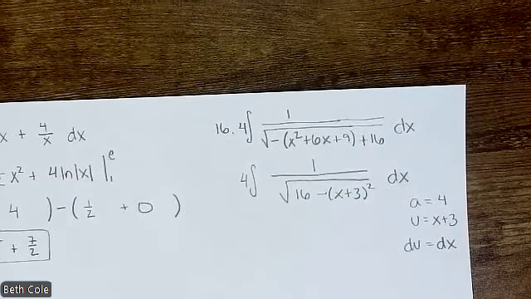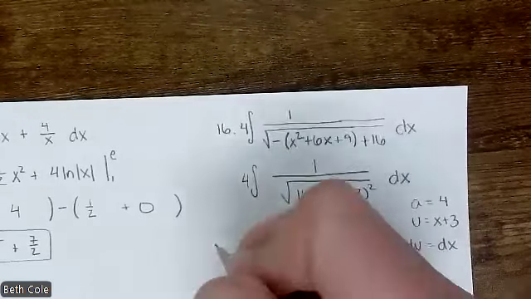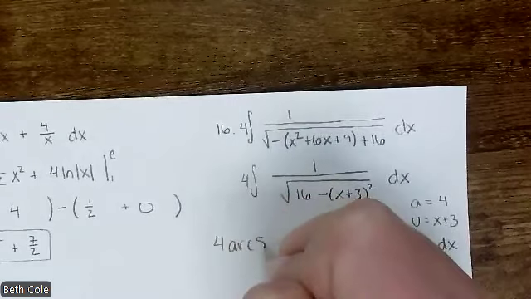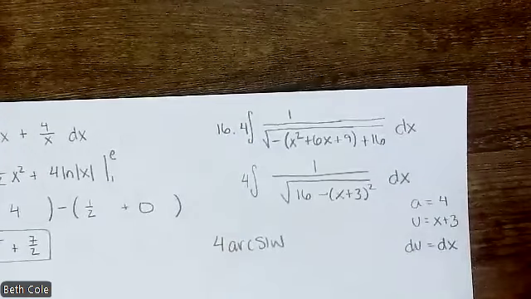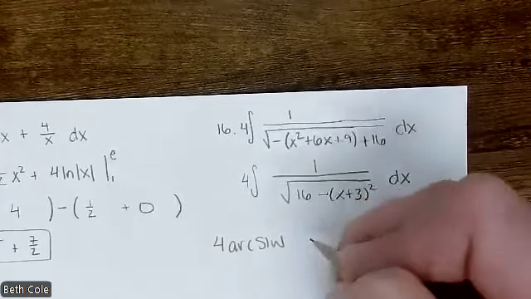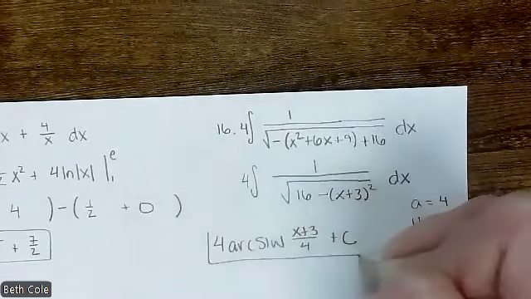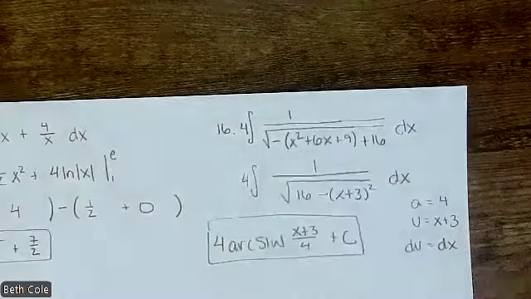Does arc sine have the little fraction out front? No. The other two have a 1 over a, but arc sine doesn't. So it's just going to be 4, because that 4 is just there. 4 arc sine. And then do you remember? I'll tell you if not. u over a plus c. So it'll be x plus 3 over 4 plus c. Good job. We got through it.